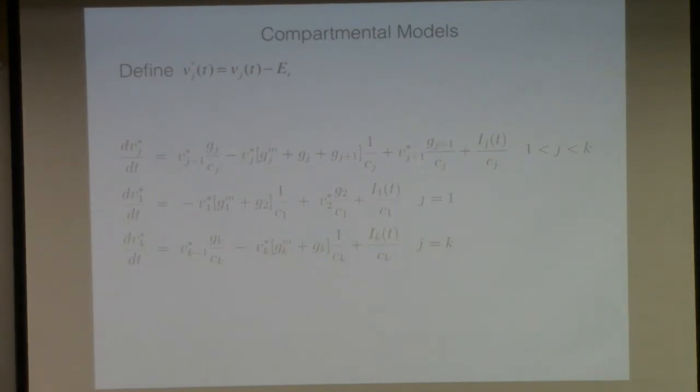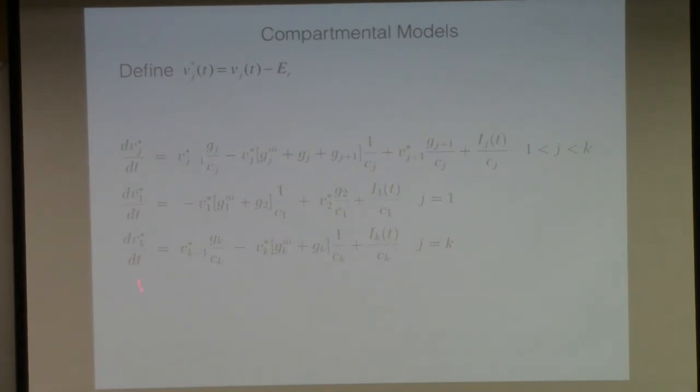And so we're going to manipulate these equations and put them in a more useful form. To do that, we're going to define a membrane potential V star, which is the difference between the membrane potential and the reversal potential. We'll take that term and plug it into the equations in the previous slide, and we get these equations here.